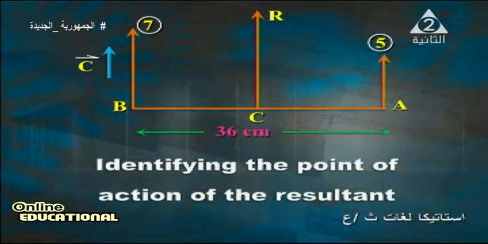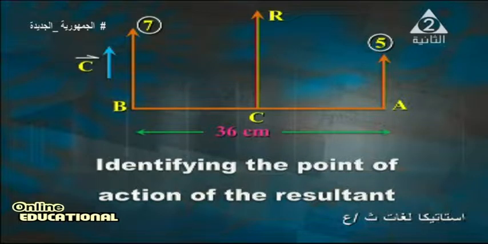When I identify the point of action of the resultant, look, my dear student, AB equals 36, but R acts at a point C that belongs to AB. What is the length of AC? Or what is the length of BC?